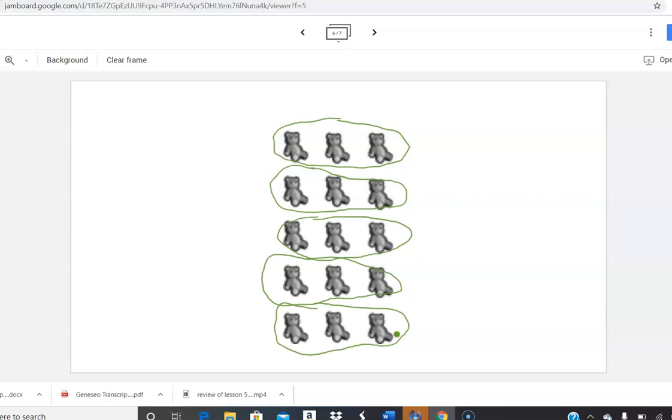If I said I wanted you to add 1 more row of bears, draw circles to be my bears. 1, 2, 3. I would add 3 more. And now I would have 1, 2, 3, 4, 5, 6 rows of bears. Right? I would have 6 rows of bears. I would have 1 more row of bears.